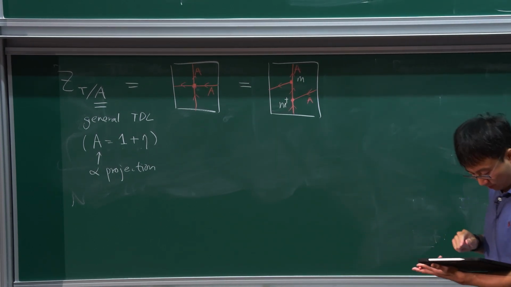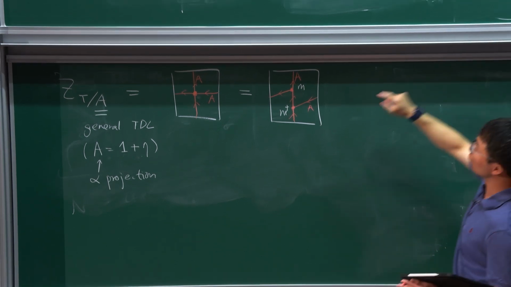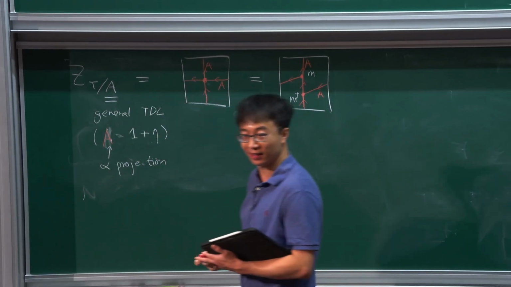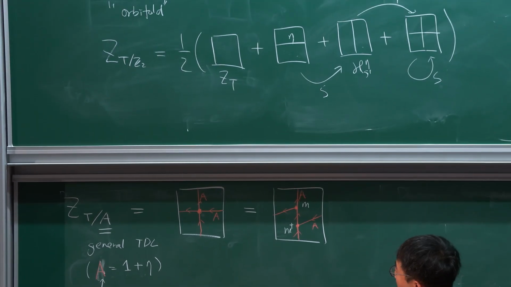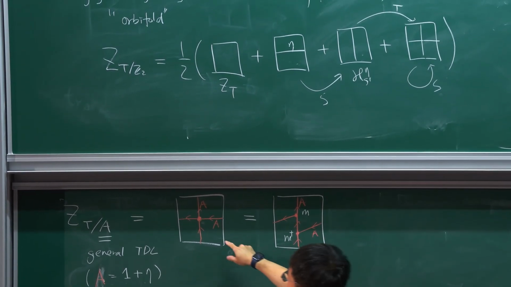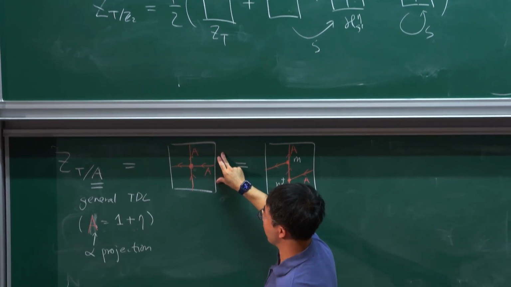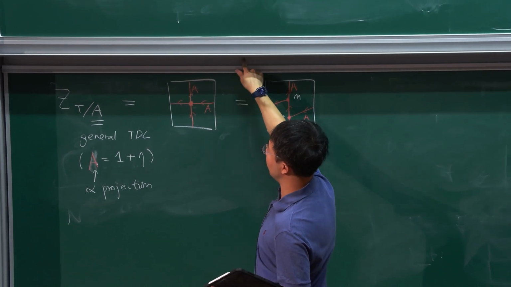So why do you only have this diagram? Maybe I'll put it in red. If it's not totally obvious, let me say it again. A is a projector. The way you interpret this diagram is that you need to consider the direct sum.